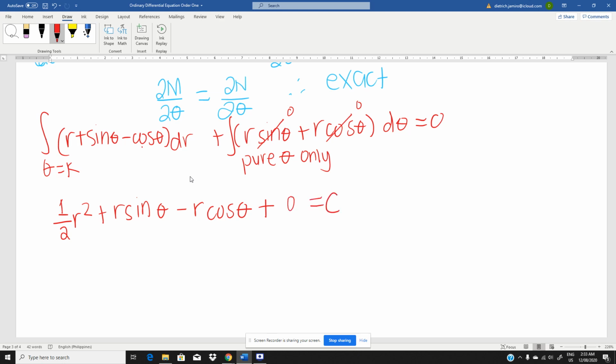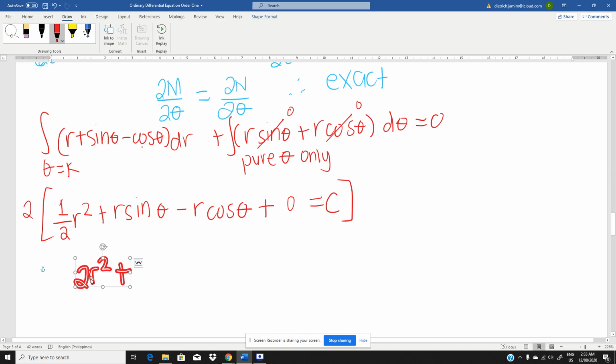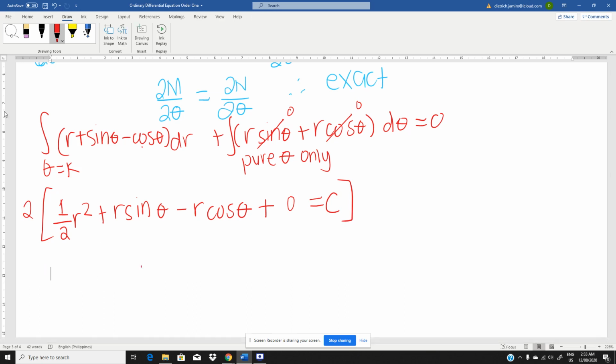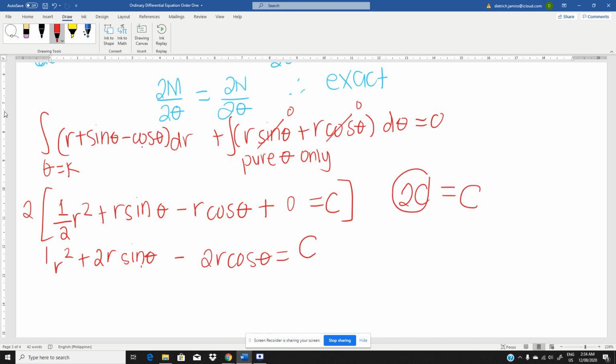Further simplifying our equation by multiplying it by 2, we only have r squared plus 2r sine theta minus 2r cosine theta is equal to 2c. We know that 2c is also equivalent to c, so we will just consider it as c. So that's the answer.